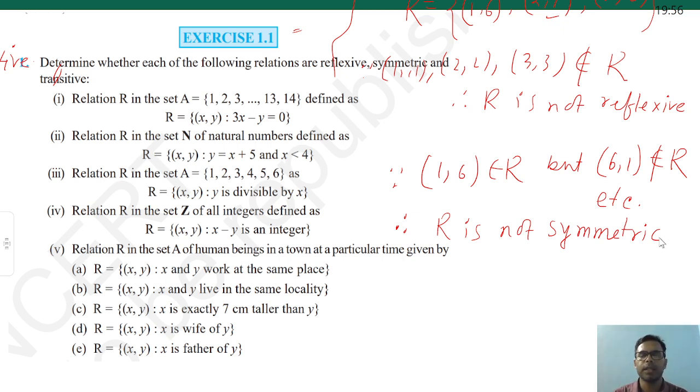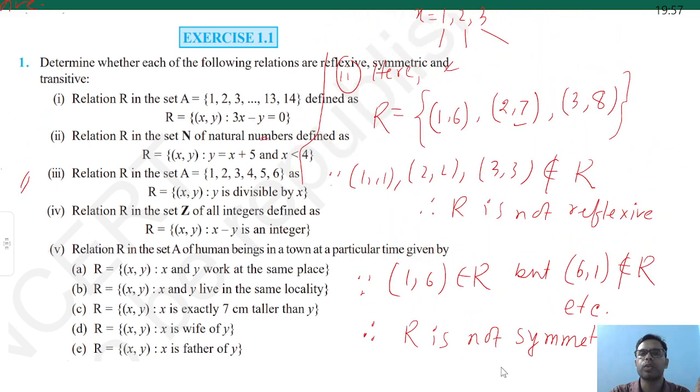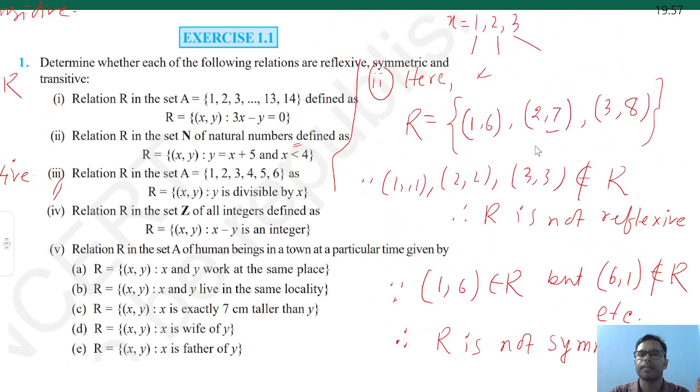Come to the third one. I have to check the transitive part. This time you are to check whether elements of type (x, y) and (y, z) are present in R or not. Let me check that first. This is our R. Are there elements of type (x, y), (y, z)? Meaning (1, 6), then (6, something)? No. (2, 7), (7, something)?